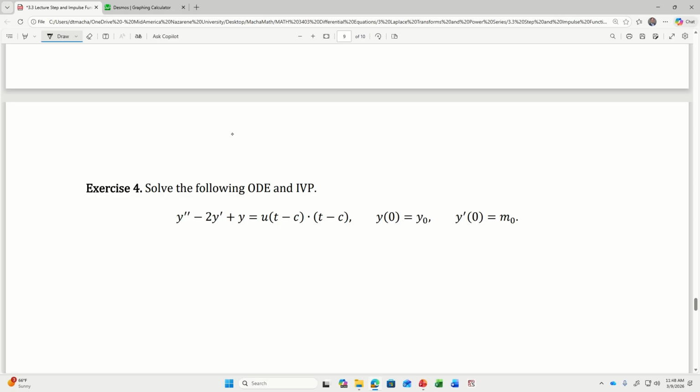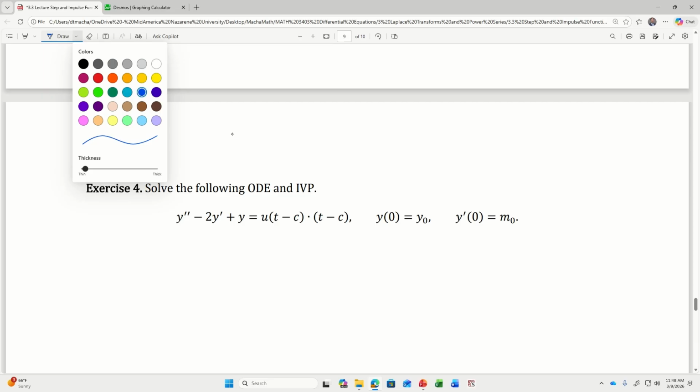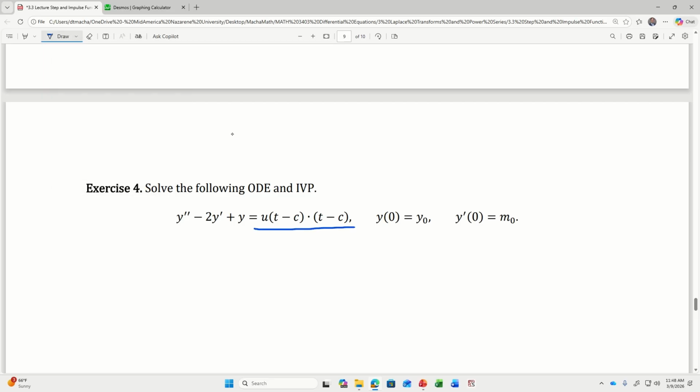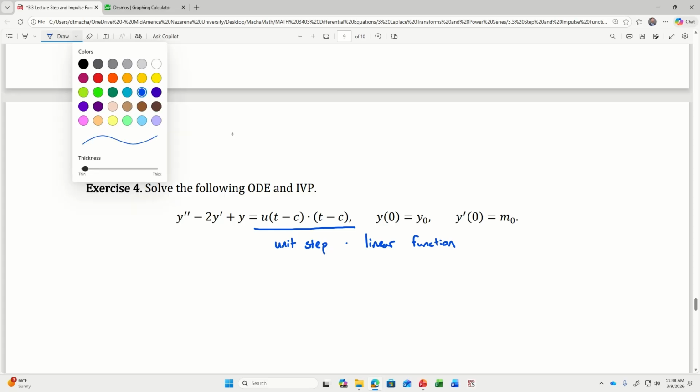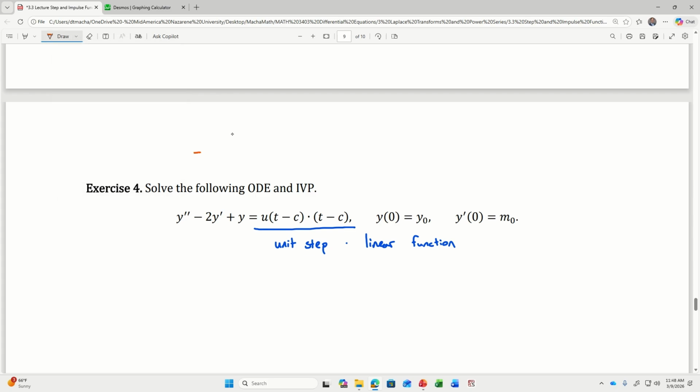This forcing function, notice, is like a unit step times a line. So before the time t equals c, it's going to be 0 because of that unit step factor.